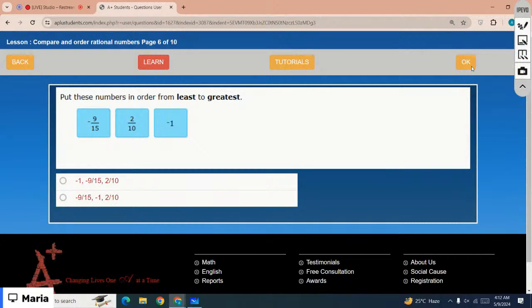From least to greatest, right? The second one is the correct option. Negative 9 over 15, then you have negative 1, and then you have 2 over 10. That is the correct option, right?